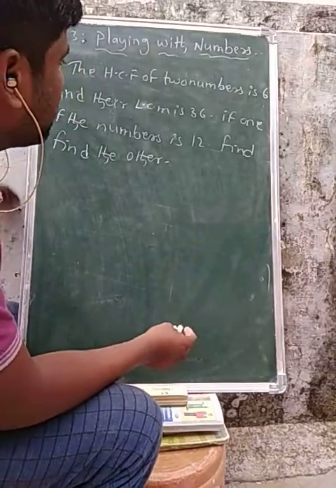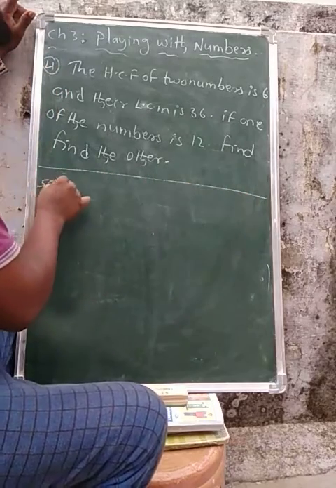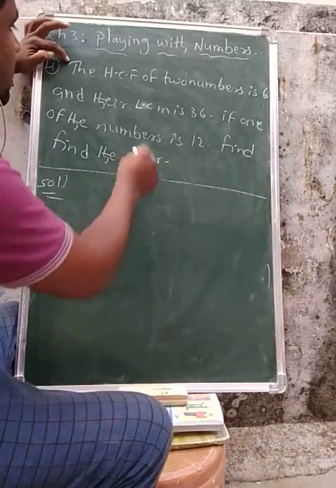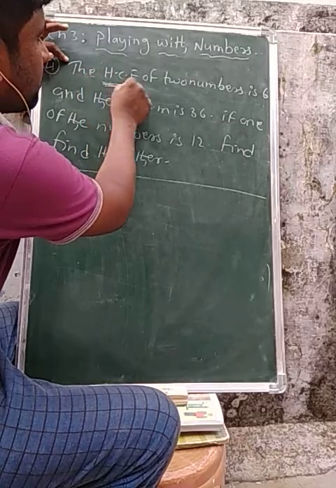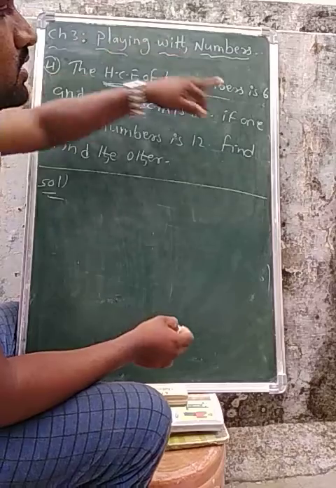Okay students, now see one more question. The question is given: the HCF, the highest common factor of 2 numbers, is 6.